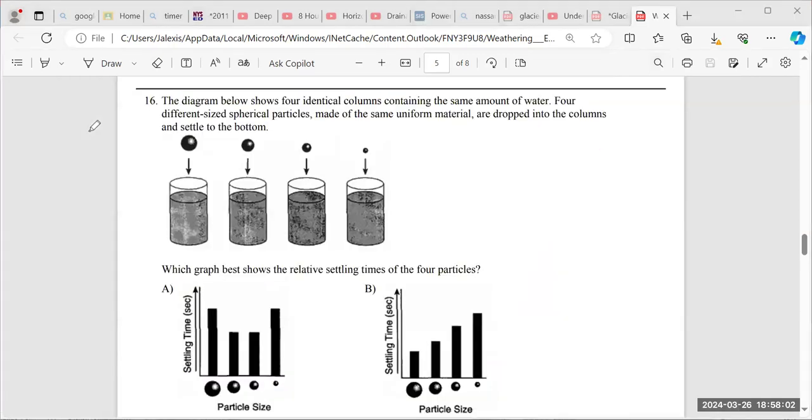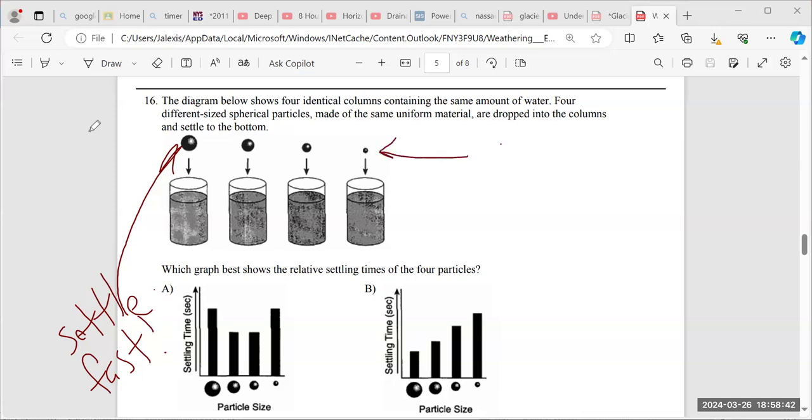All right, 16 says the diagram below shows four identical columns containing the same amount of water. Four different sized spherical particles made of the same uniform materials are dropped into the columns and settle to the bottom. Which graph best shows the relative settling times of the four particles? So here's what I do know. The bigger the particle, the faster it settles, or sinks.